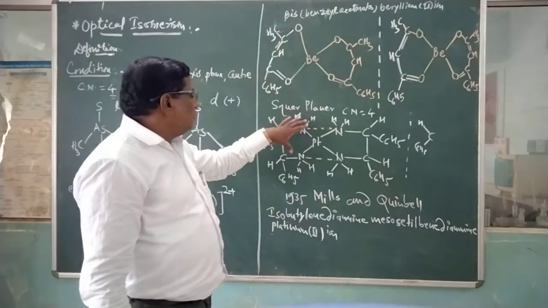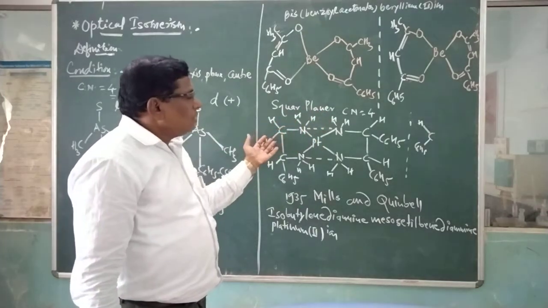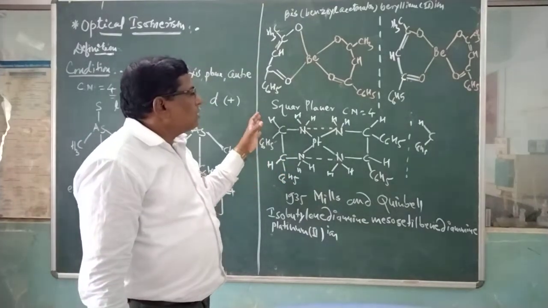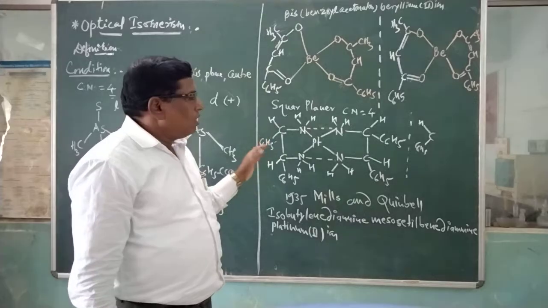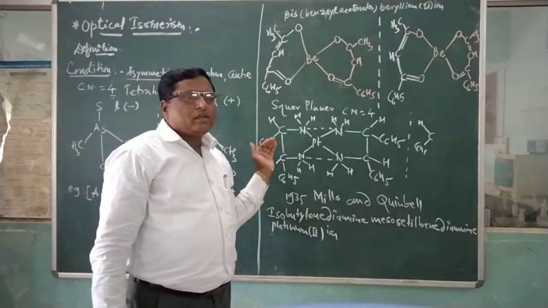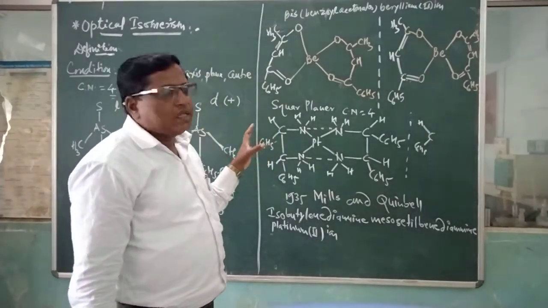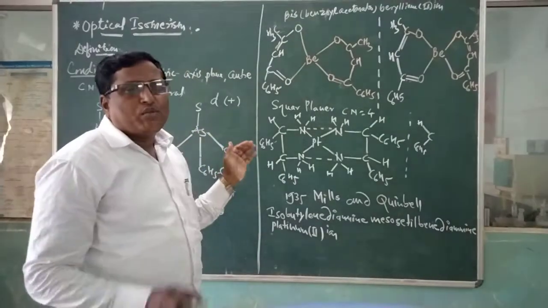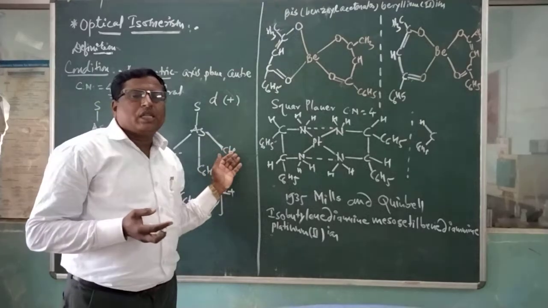Generally, tetrahedral and square planar complexes can show optical isomers in coordination compounds, and the phenomenon is called optical isomerism.